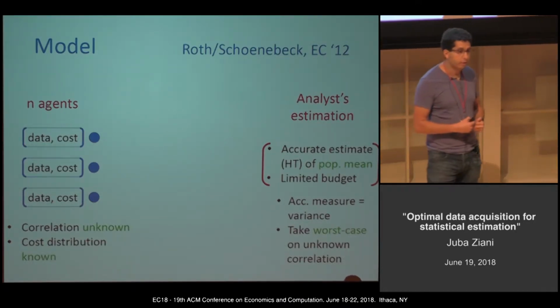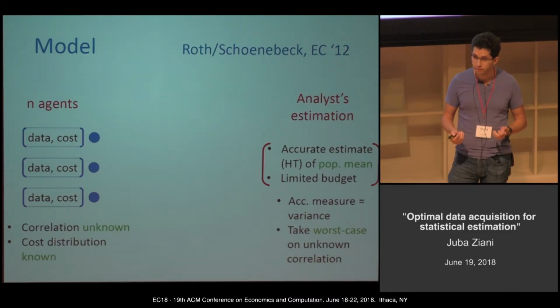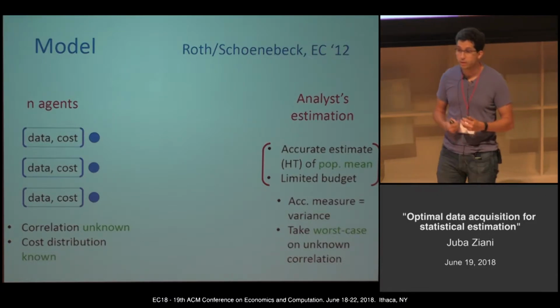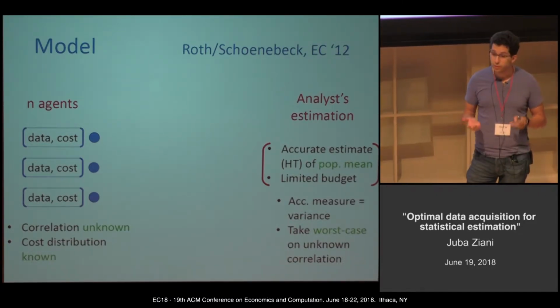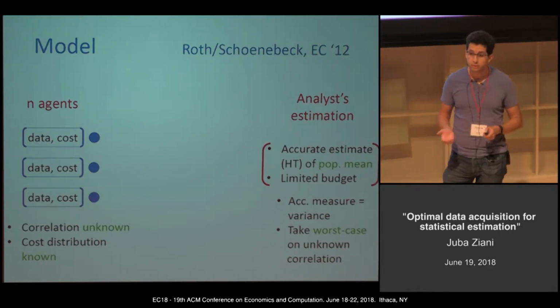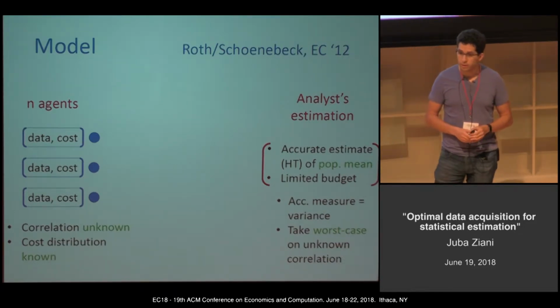So instead, we're going to make the assumption that the analyst is going to optimize the worst case variance, where the worst case is taken on the unknown correlation between the costs and the data. The motivation for doing so is robustness. If you do this, you're guaranteed that your estimate is going to be accurate no matter what the correlation is.